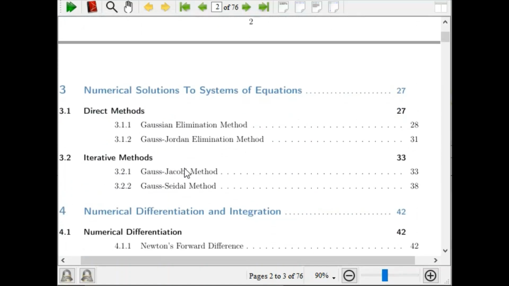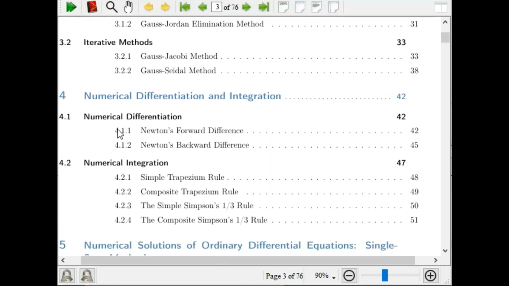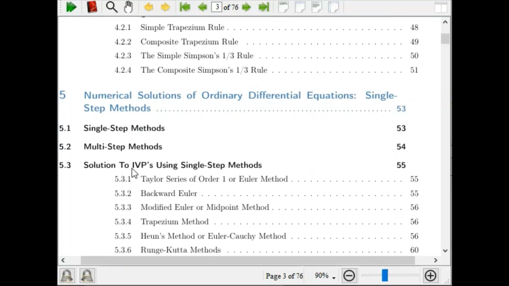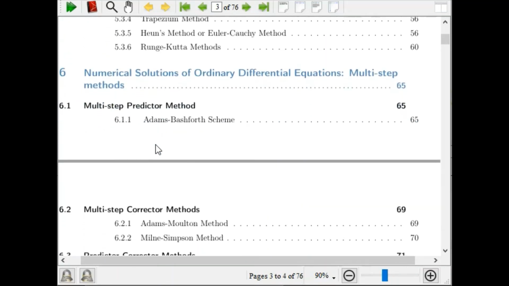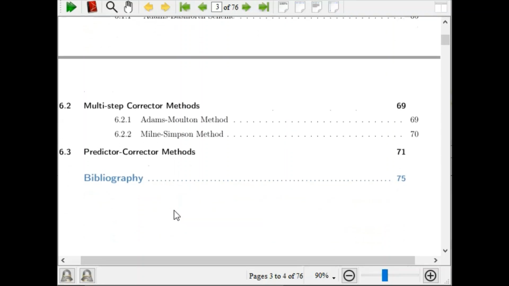We looked at systems of equations, also the direct and the indirect methods. We looked at numerical differentiation and numerical integration. We moved on to single step schemes for solving ODEs, and we ended with multi-step schemes for solving ODEs, with the predictor-corrector method as the final thing we did in the semester.